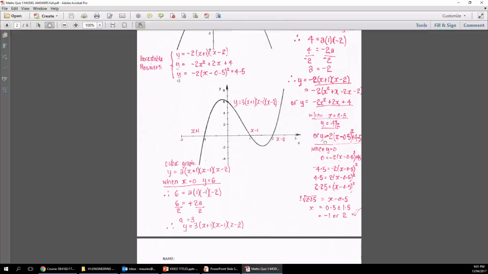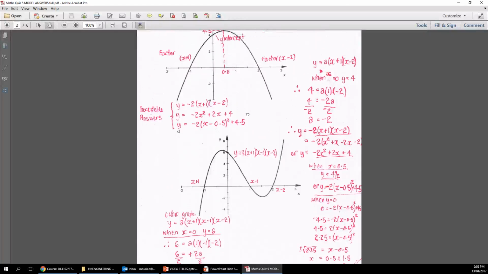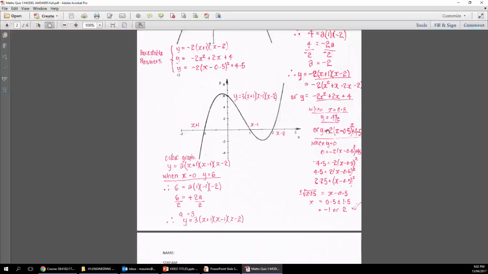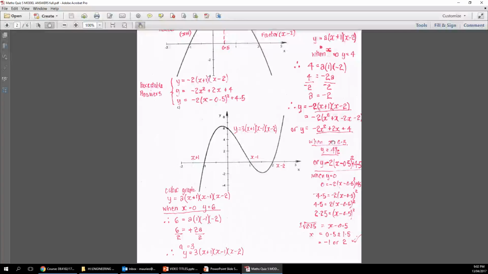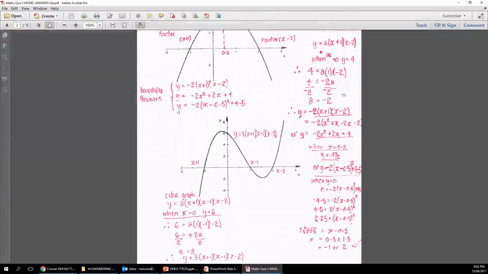So when x equals 0.5, we can work out that y equals 4.5, and that all works out there. So we can write in the vertex form y equals negative 2 bracket x minus 0.5 all squared plus 4.5.